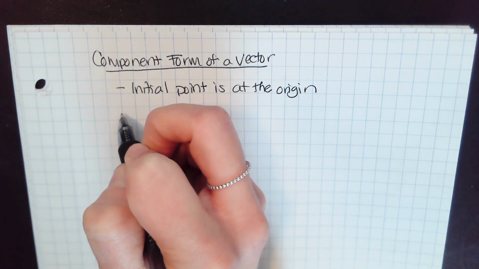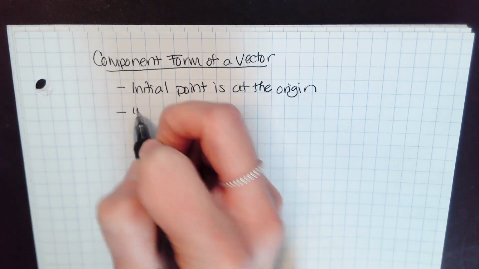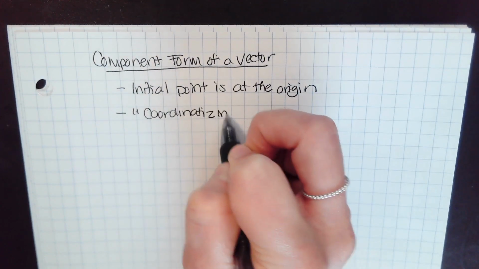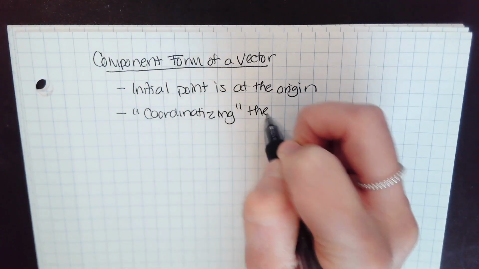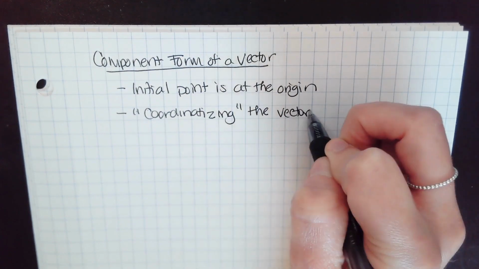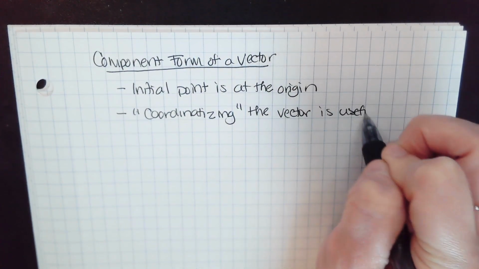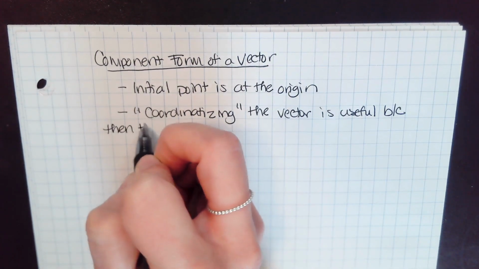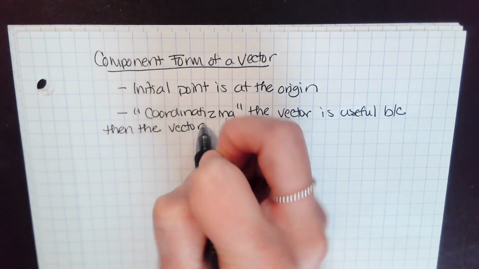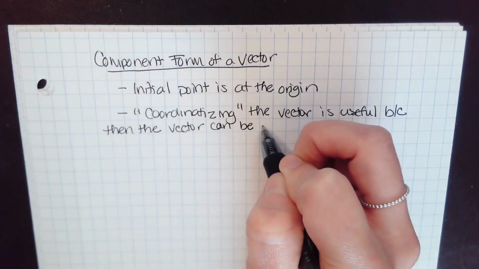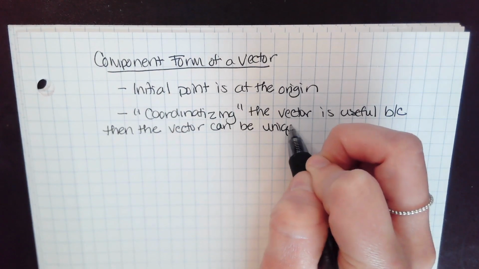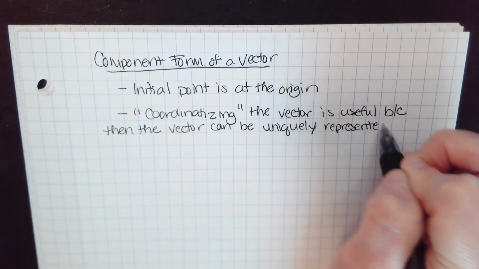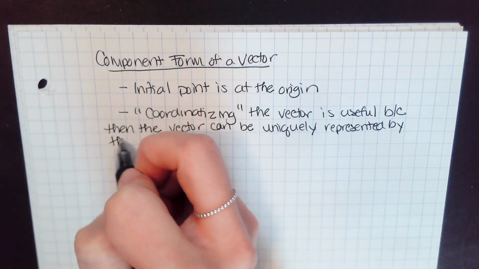We also, by coordinatizing, the vector is going to be useful, because then the vector can be uniquely represented by the coordinates of its terminal point.